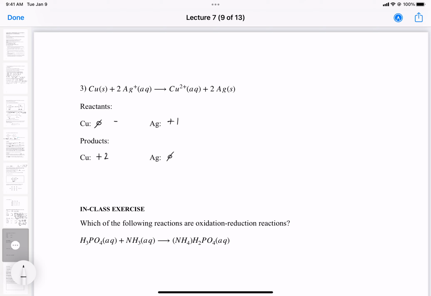So if we look at the oxidation states here, we see copper going from 0 to 2+, and silver going from +1 to 0. So we say copper is being oxidized. So this is a reducing agent.